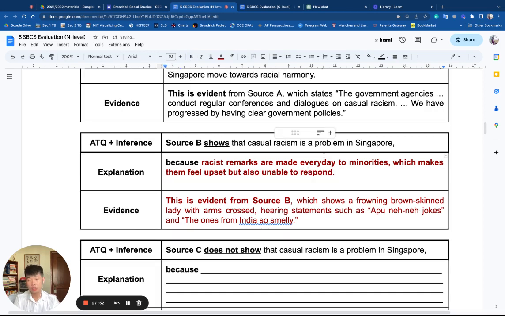That's not enough. I need to develop the explanation further. I just taught this lesson to my Sec 4s. They came out with two pretty good explanations. Let me see if I can remember them.